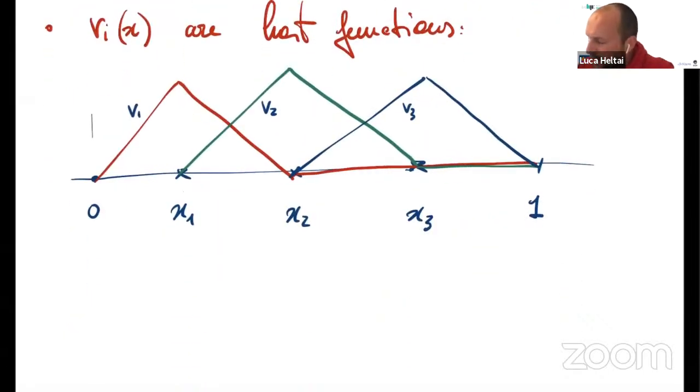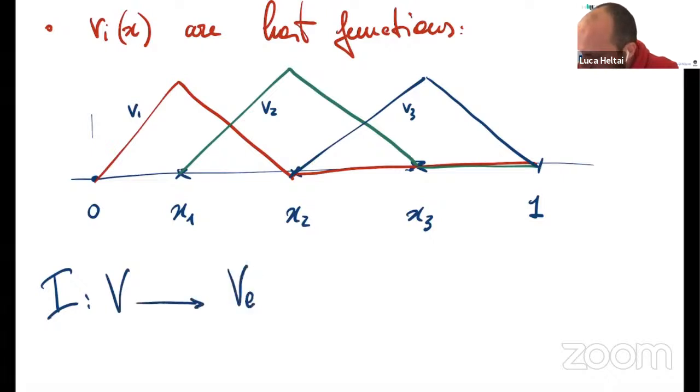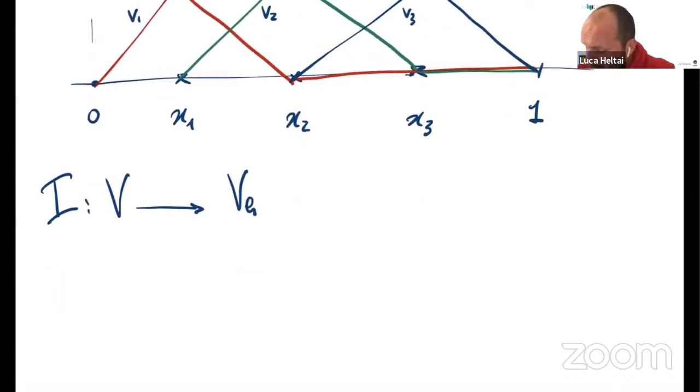And if you look at it in this way, then one can write an operator I that goes from V to VH, which is the so-called interpolation operator for these functions.